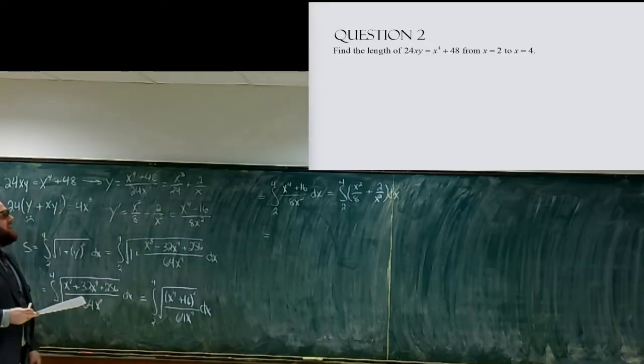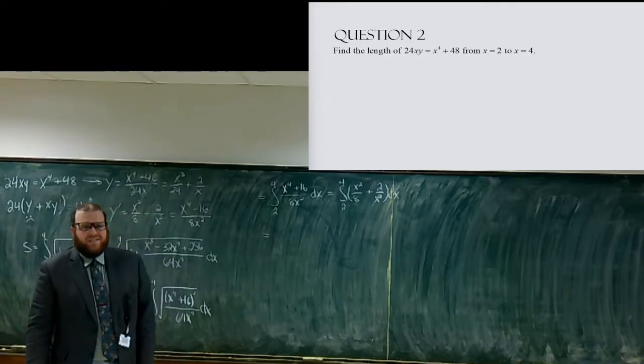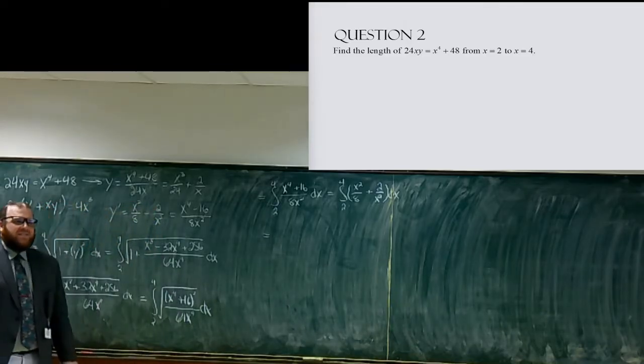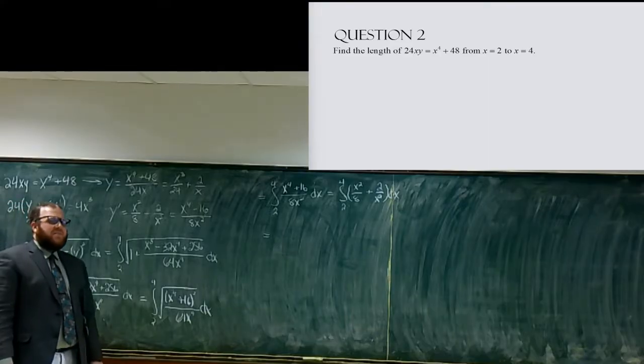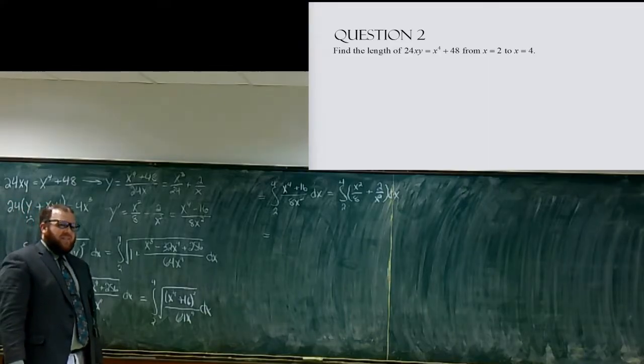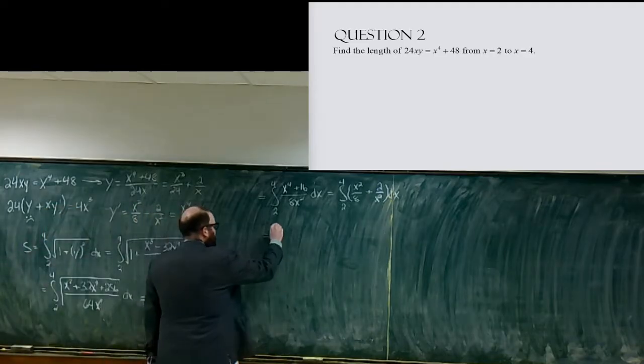Antiderivative of x squared over 8 is x cubed over 24.